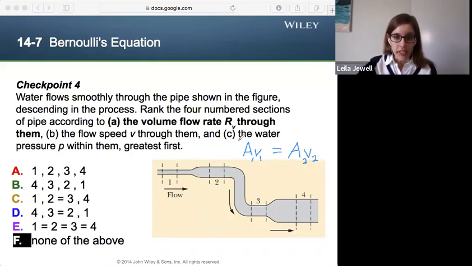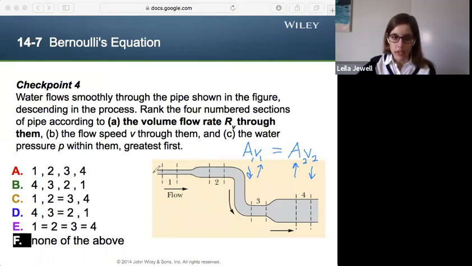This also then guides us to part B, because part B says the flow speed through them. And notice this equation just depends on the cross-sectional area and the speed. We've already set that this equation is true, so this is the fastest way to get our velocity. So we can note that if the cross-sectional area increases, it's going to be a lower velocity. If the cross-sectional area is smaller, it's going to then be a larger velocity.